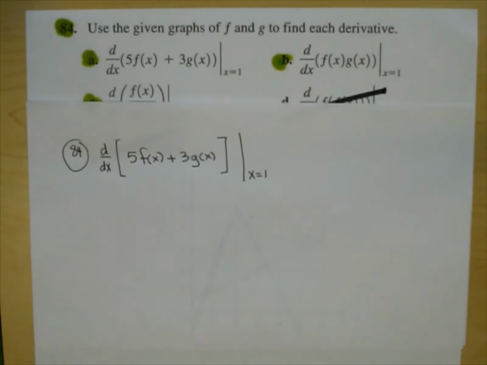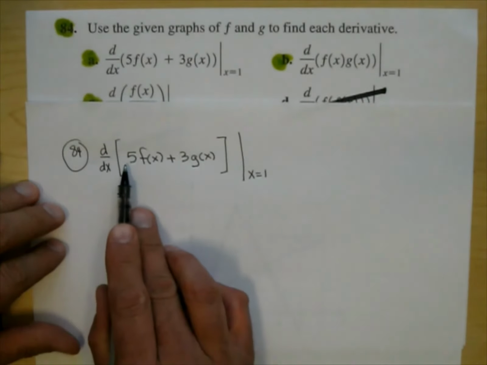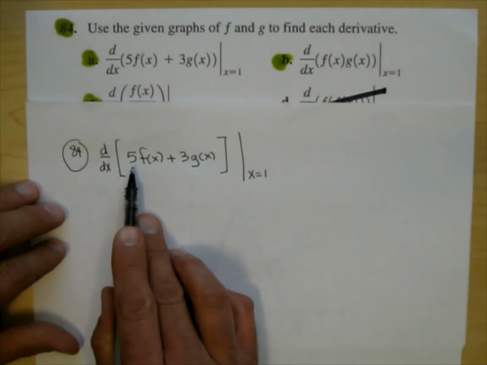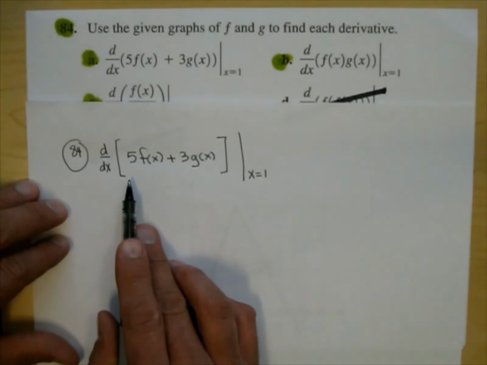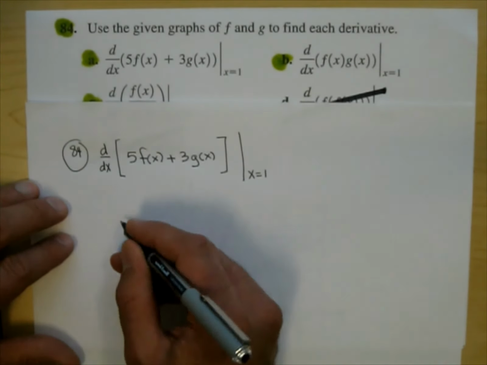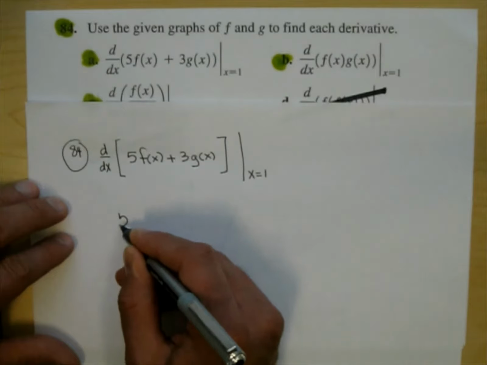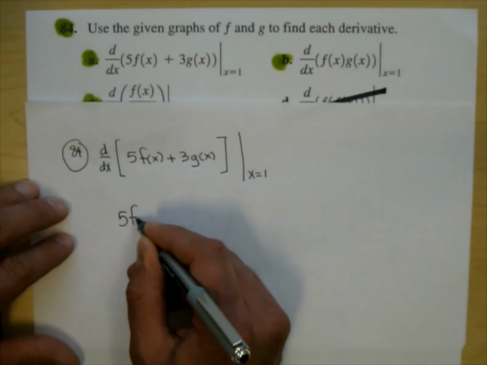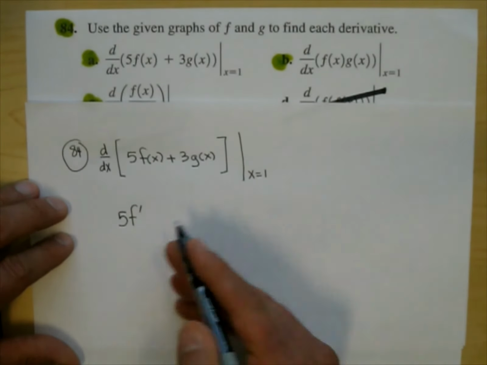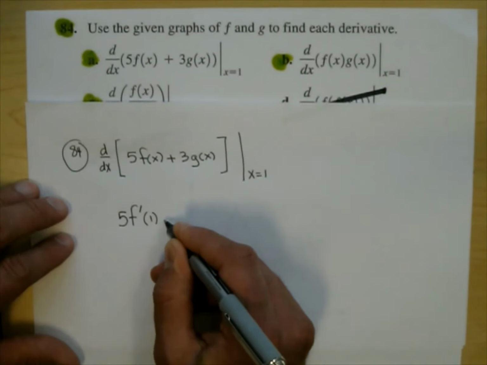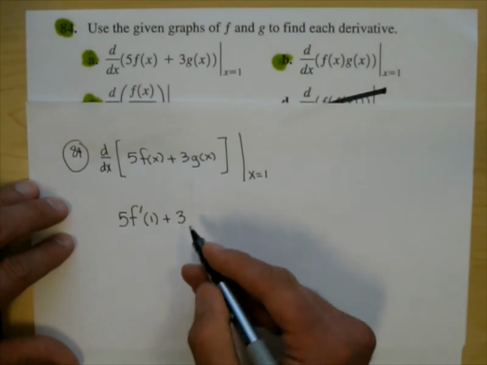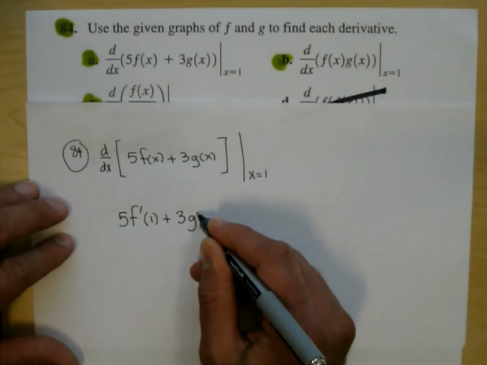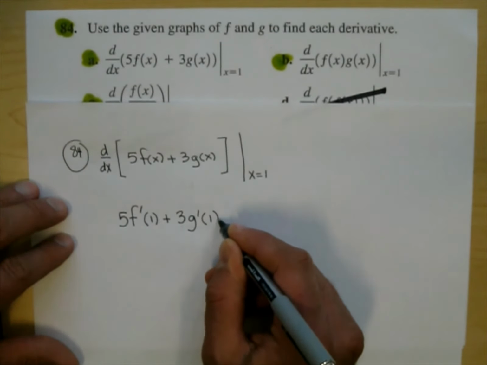Okay, so basically what you're doing is you're bringing that derivative in, and we have the constant multiple rule and all that stuff. What it's really going to be is 5 times the derivative of the function evaluated at 1 plus 3 times the derivative of g of this function evaluated at 1 as well.